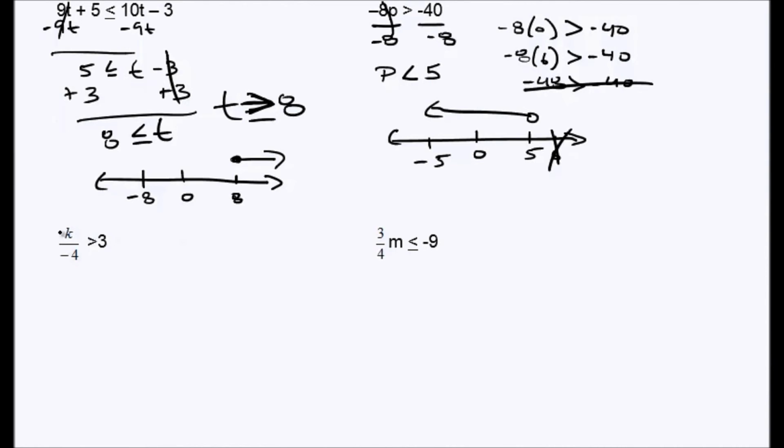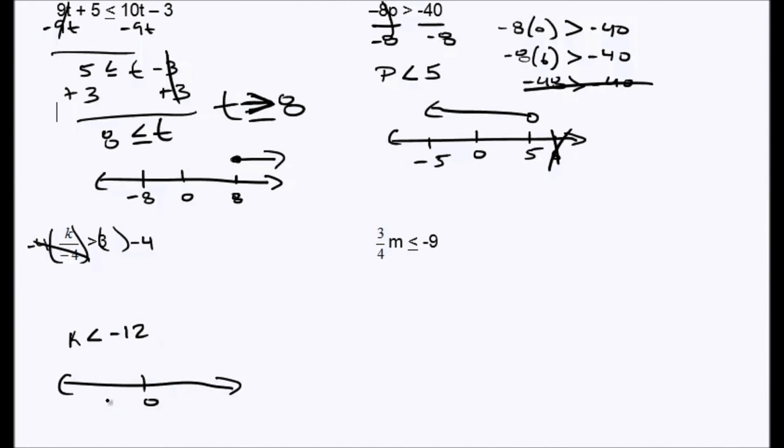Okay, let's solve this next one. In order to solve this for k, I have to multiply both sides by negative 4. Remember what our rule was. If we multiply or divide both sides by a negative number, then you change the direction of your inequality symbol. And because we multiply both sides by a negative 4, instead of greater than, it becomes less than. 3 times negative 4 is negative 12. Graph that.